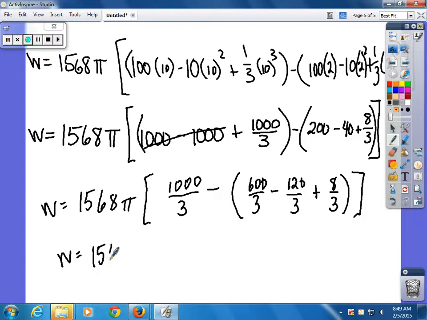W is equal to 1568 pi. 1,000 over 3 minus 600 minus 120 is what? 480? 488 over 3.